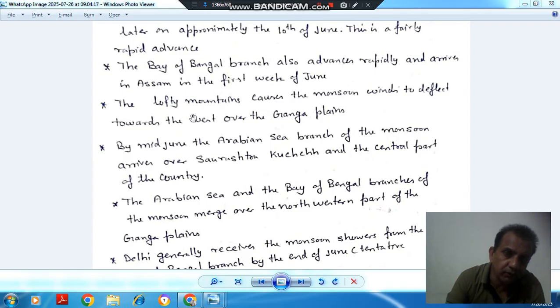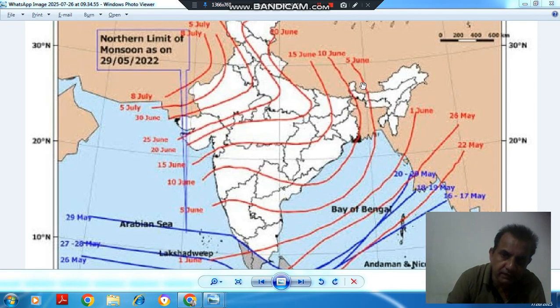Next point is the lofty mountains cause monsoon winds to deflect towards the west over the Ganga plain. So we can see that the monsoon is shifting towards the west: 1st June, 5th June, 10th June, 15th June. This is caused by lofty mountains.